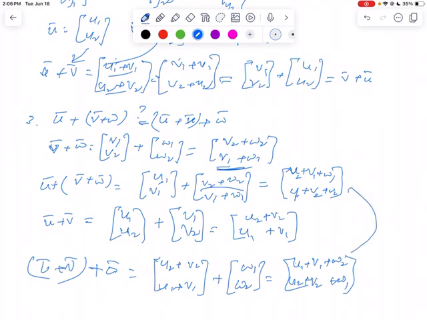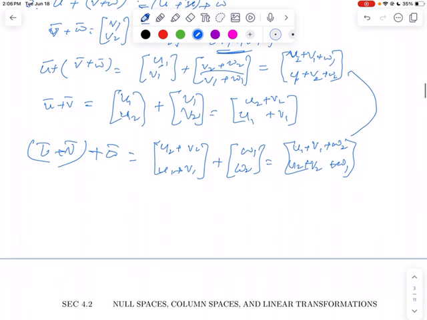And now if you compare these two, they are not the same. So we say u plus v plus w is not equal to u plus v plus w with the other grouping.